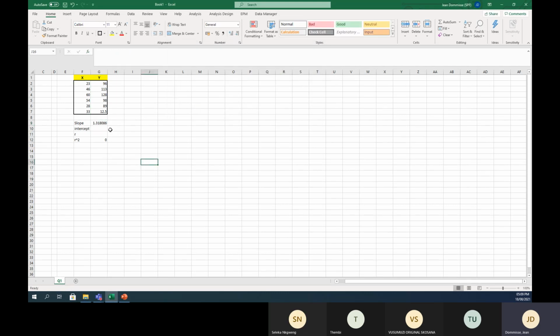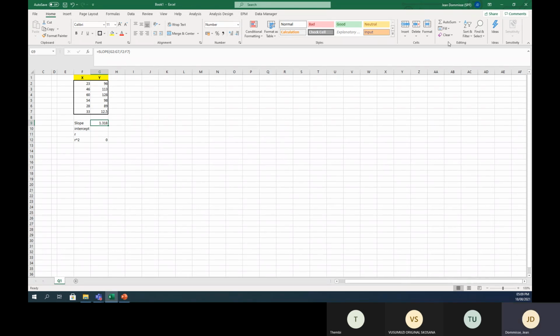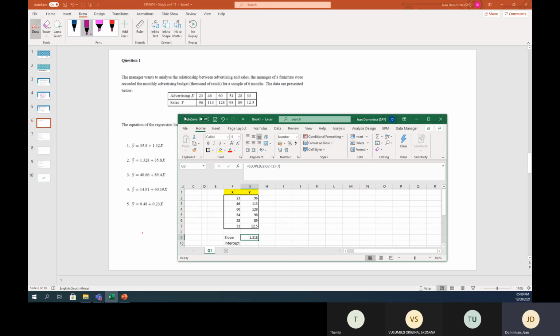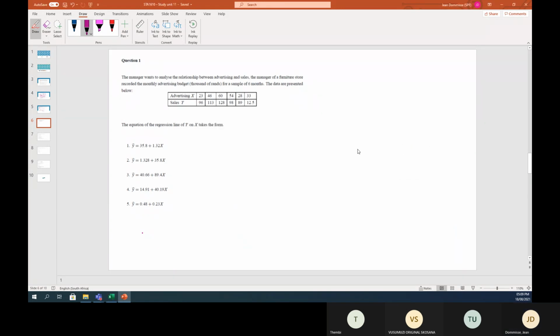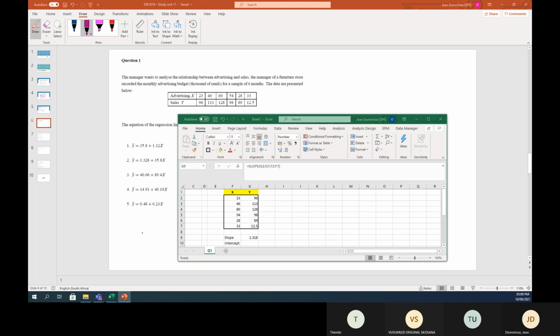And that's it. So we know then with the slope function that the slope is 1.318. Let's just make that 2 decimals.